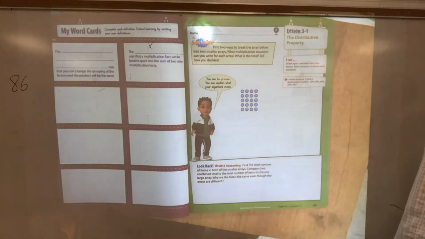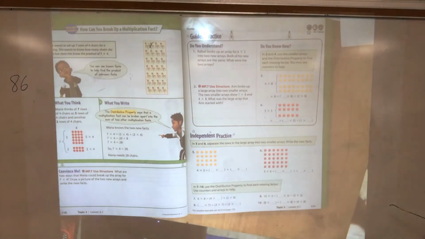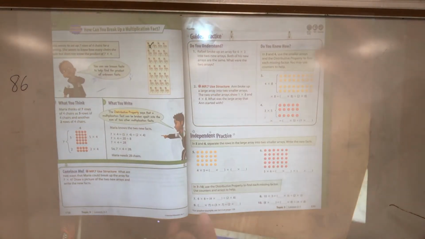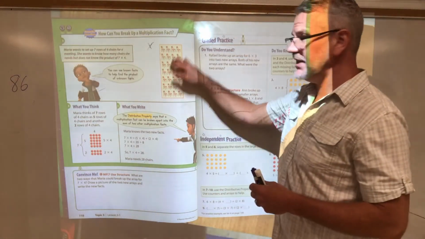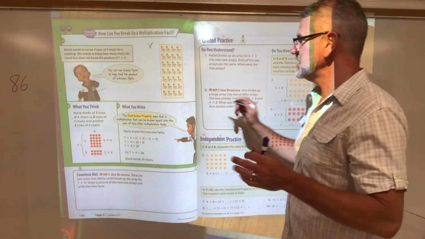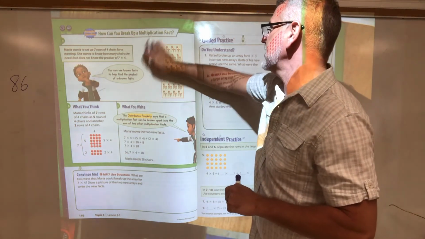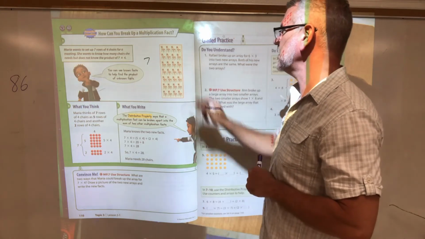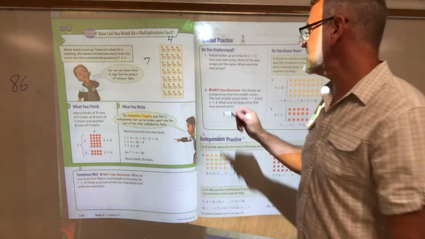Let's turn the page to page 110. And here you see the chairs that Bob was just talking about. And you can break these chairs into whatever groups you want to break them in. You're just counting. So let's say I'm going to break, because we've got 1, 2, 3, 4, 5, 6, 7 chairs on the side, and 1, 2, 3, 4 across the top. And I want to break these into different groups.